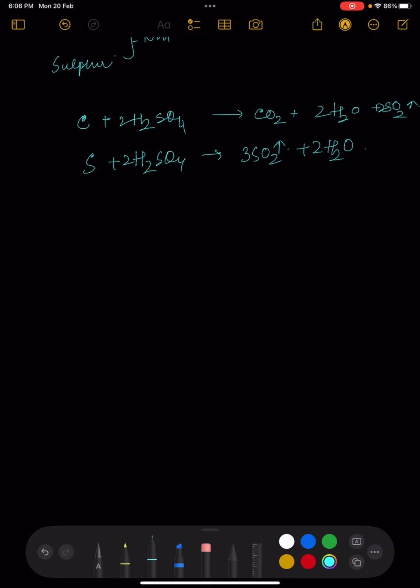So when concentrated acids react with salts of volatile acids like NaCl or KCl, NaNO3, KNO3, they form the acid salt and another volatile acid. Examples we take NaCl, KCl, NaNO3, and KNO3.